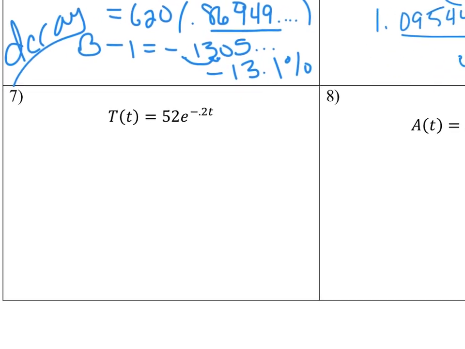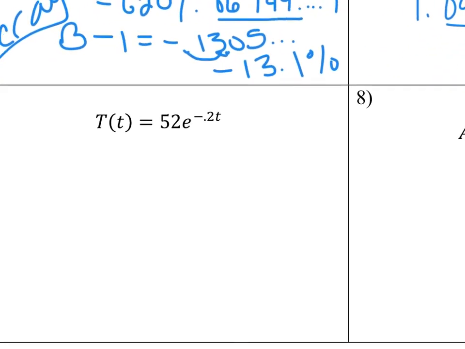So same thing with all of these. Okay, we have E. Remember, E is just a number, but I have to get it so that it's just whatever this is the base. I have to get that, bring that inside the parentheses basically, and leave the T on the outside. And when I do that, I get 0.135335.